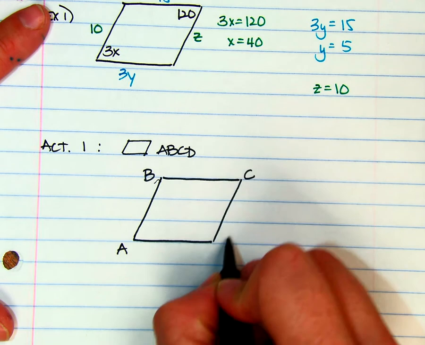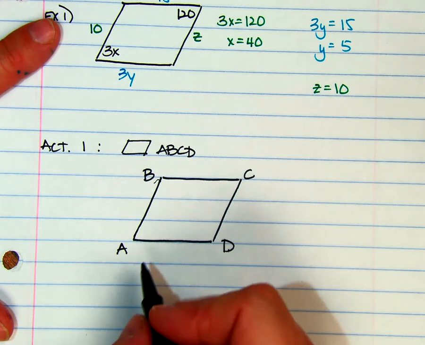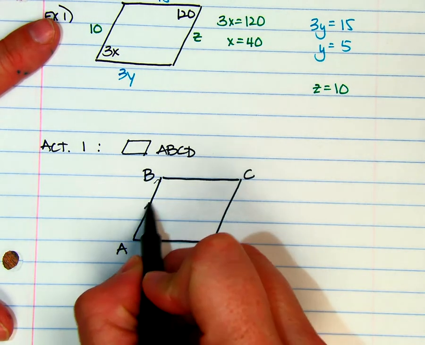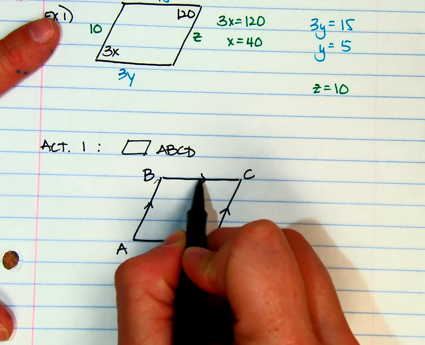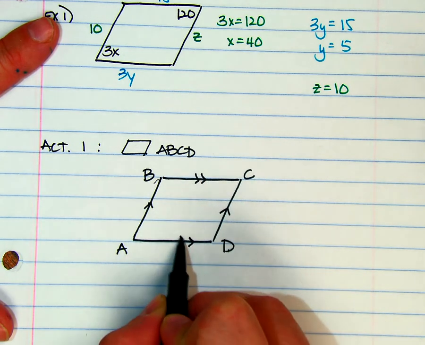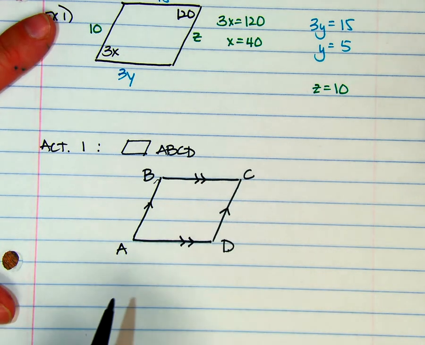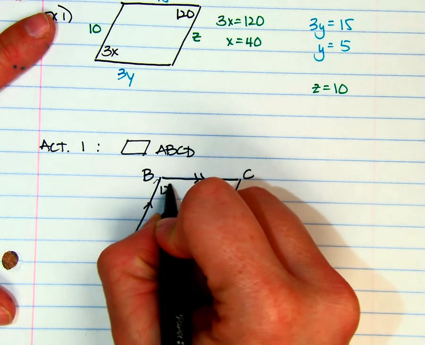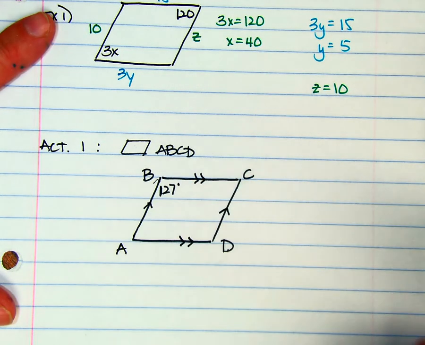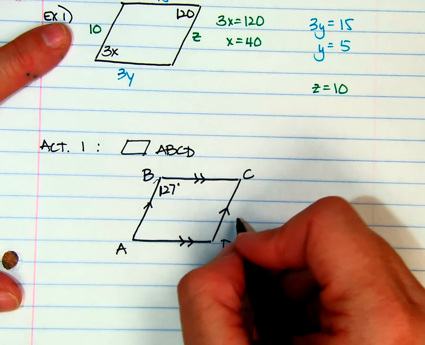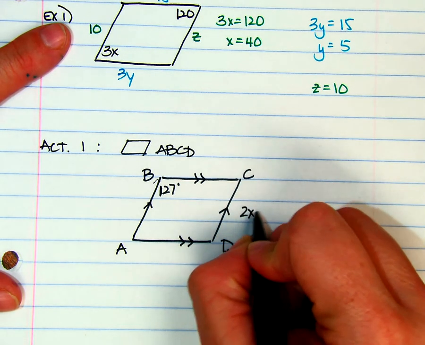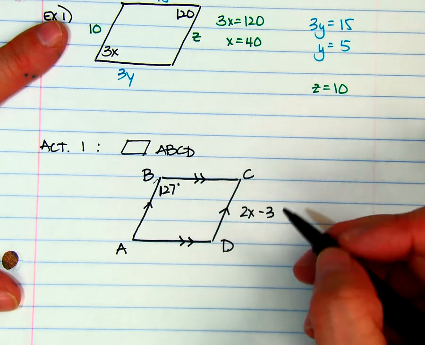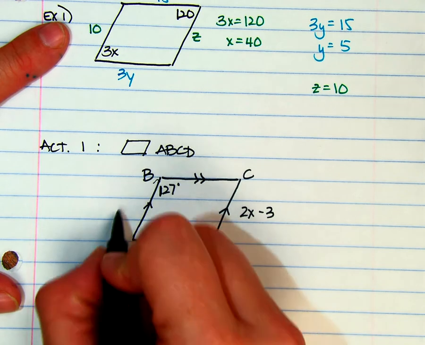A, B, C, and D. And because it's a parallelogram, we know that both pairs of opposite sides are parallel. I want you to find some of the missing measurements. I'm going to tell you that angle B is 127. CD is 2x minus 3. And AB is x plus 2.